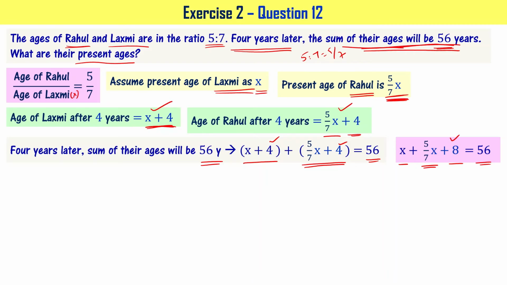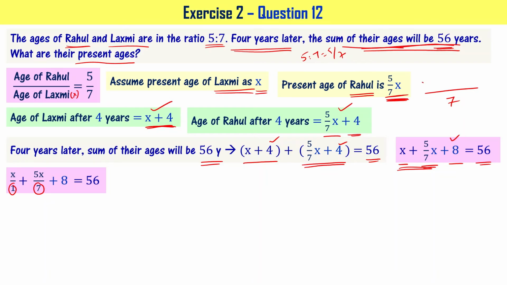Now let's simplify this: x plus 5 by 7 x, right? You look at this. The denominators are 1 and 7, right? Their LCM is going to be 7.